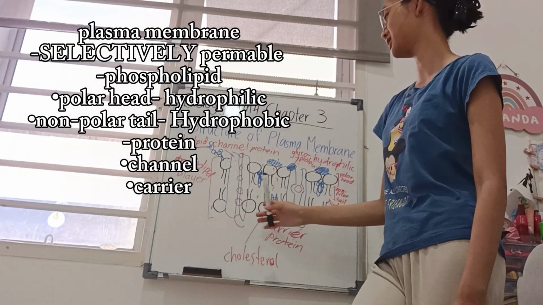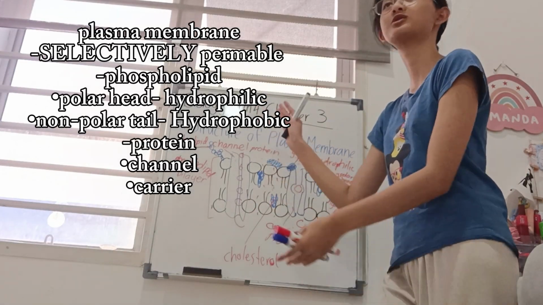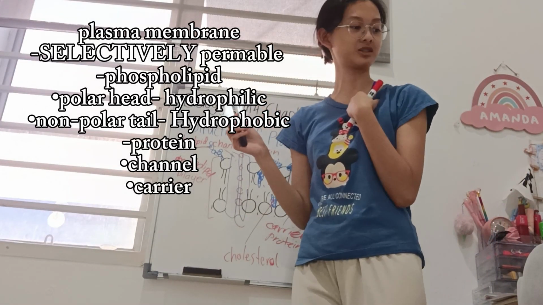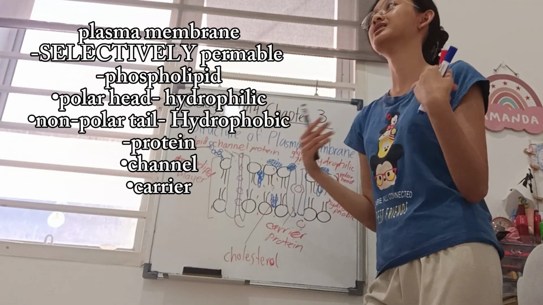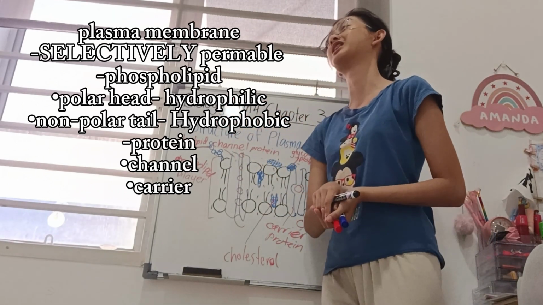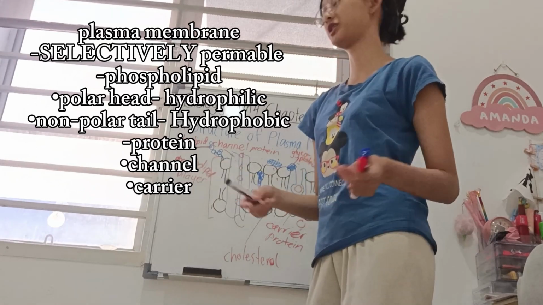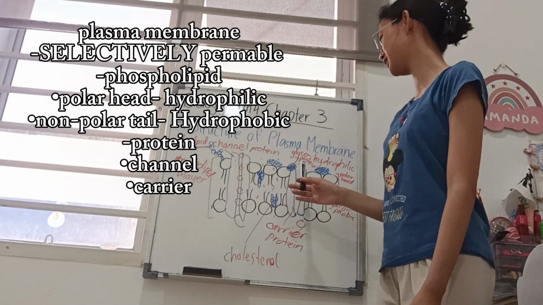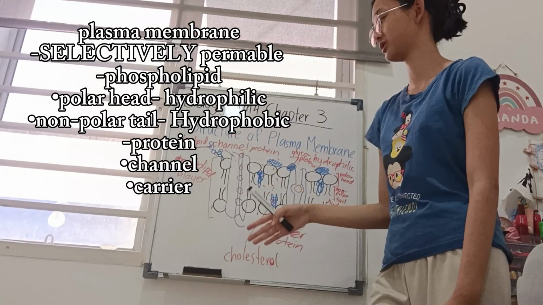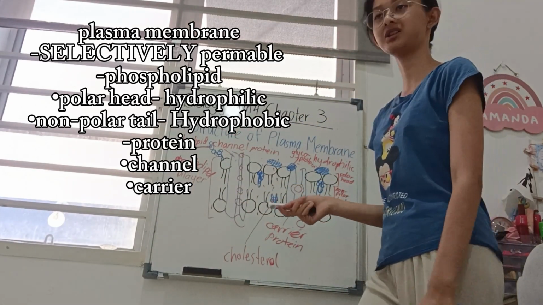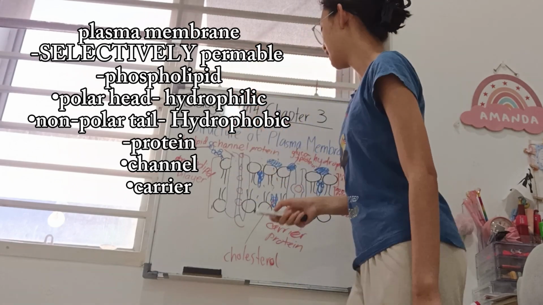Moving on to proteins. There are two types that help bigger substances like glucose or ions like potassium and sodium go in: channel protein and carrier protein. With channel protein, the substance just goes through. Carrier protein carries, like a door.